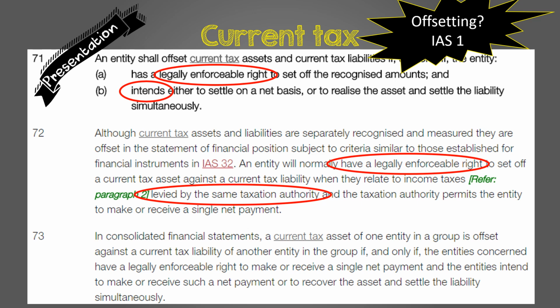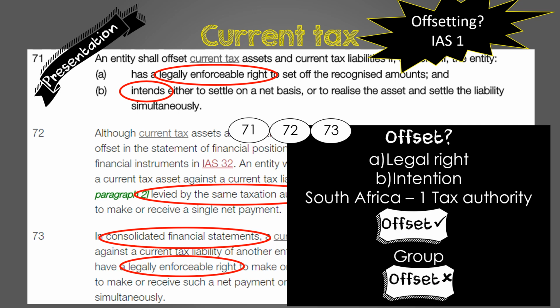Okay, and then in a group situation, in our consolidated financial statements, paragraph 73 tells us that it might be that we might have a legally enforceable right to offset. However, we have to remember that in a consolidated financial statements, we are actually working with two separate entities. Therefore, in a group situation, we will not be able to offset.